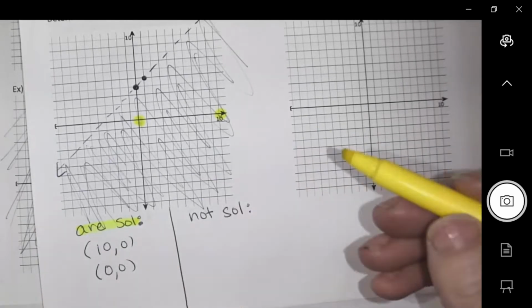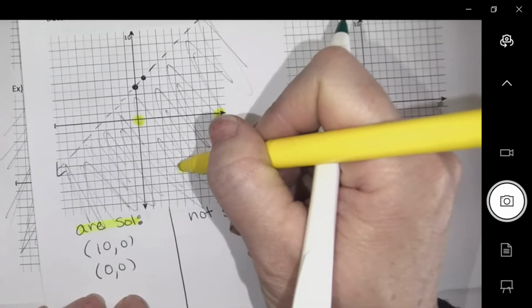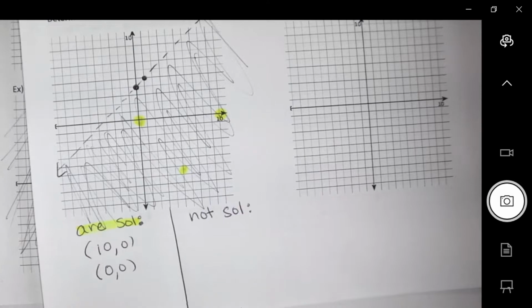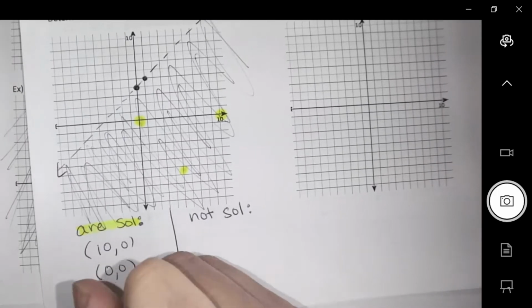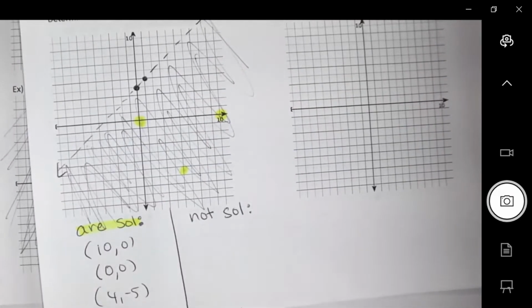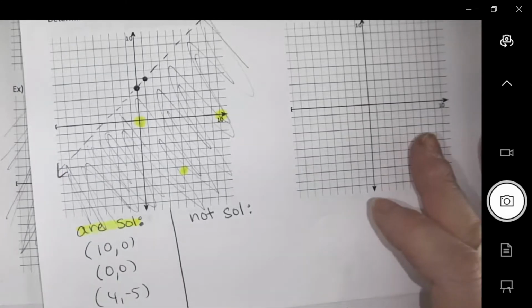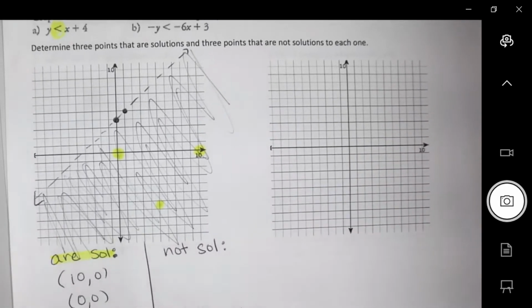I could do anything like in this zone. For instance, I don't know, 4, -5 would be in this quadrant, and that would work. Okay, solutions, those are them.